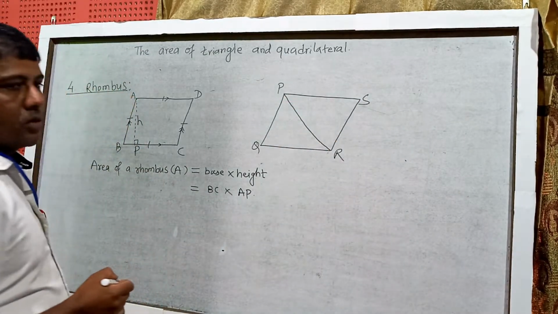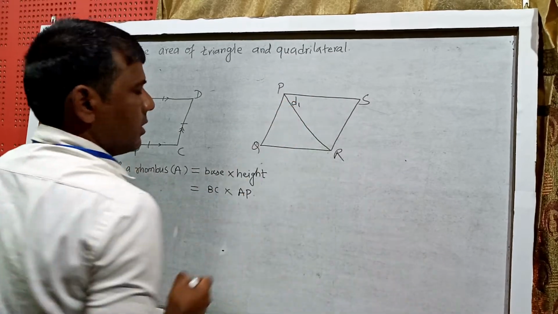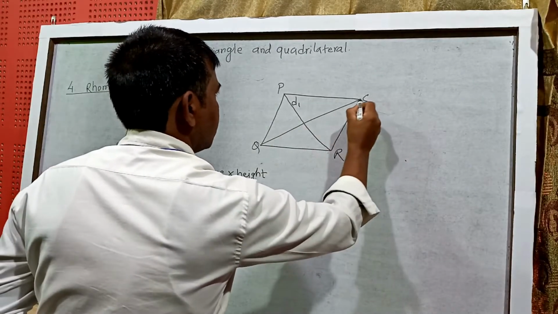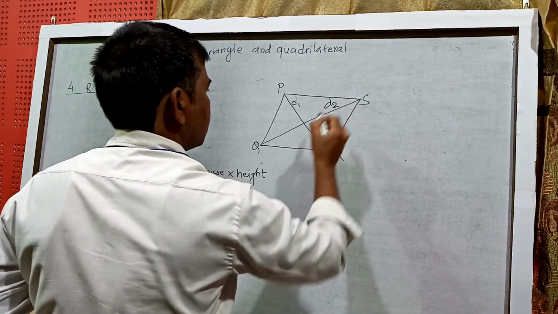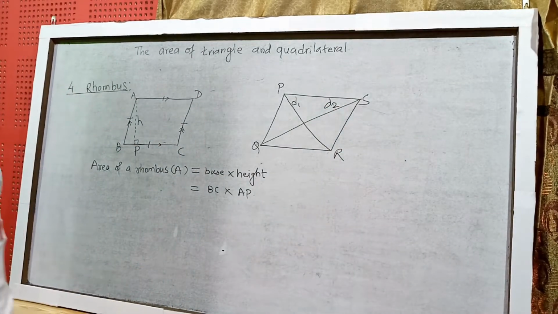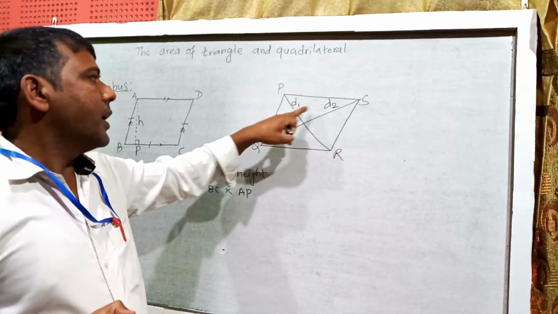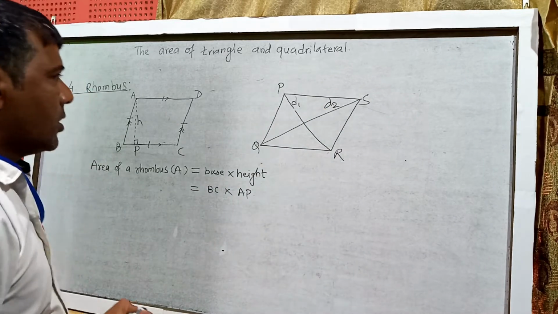This is one diagonal, suppose it is D1, the first diagonal, and this is the second diagonal, D2.